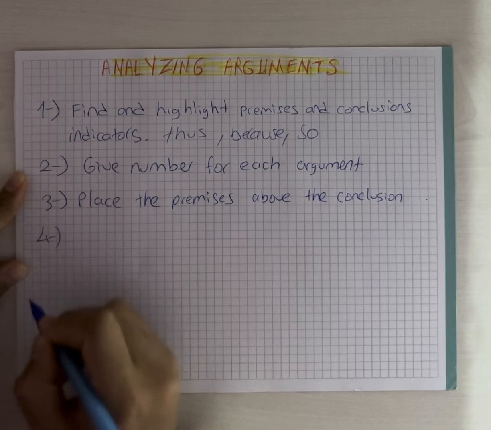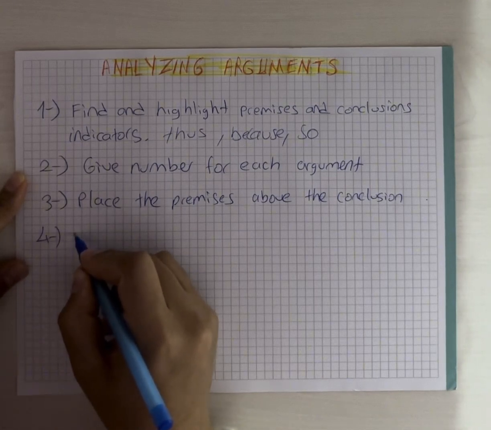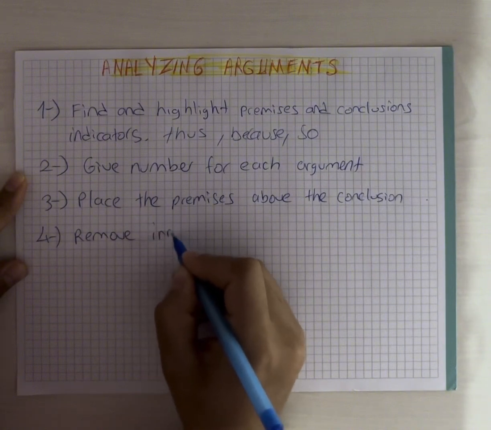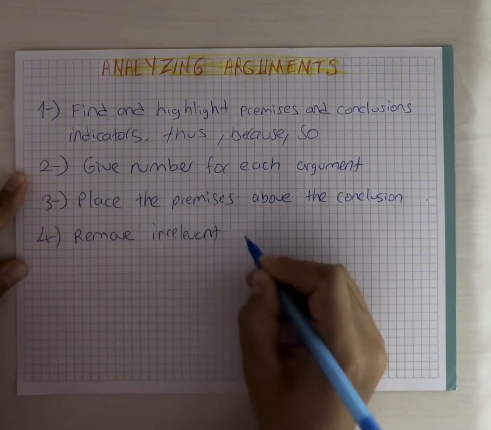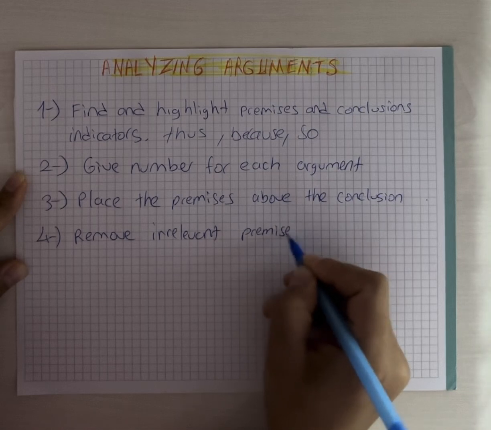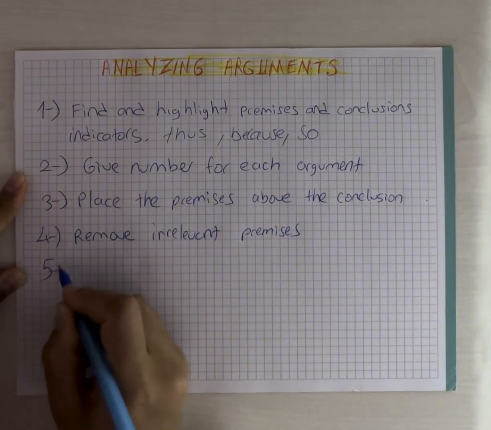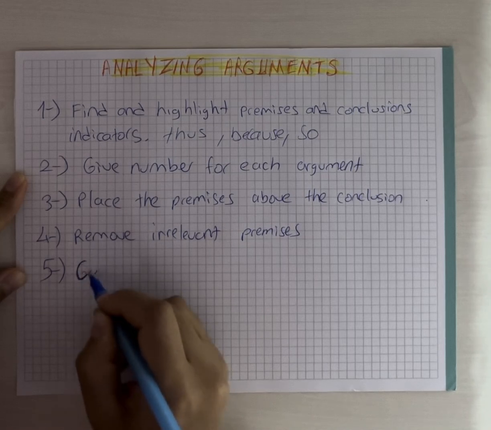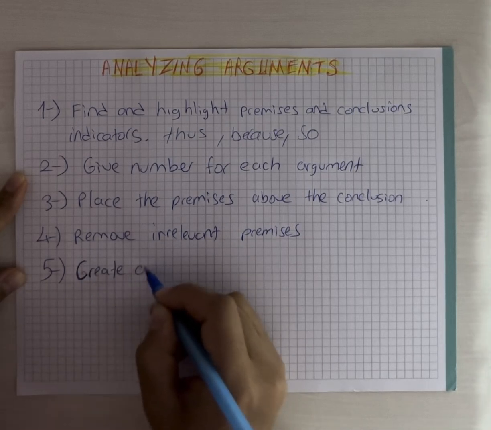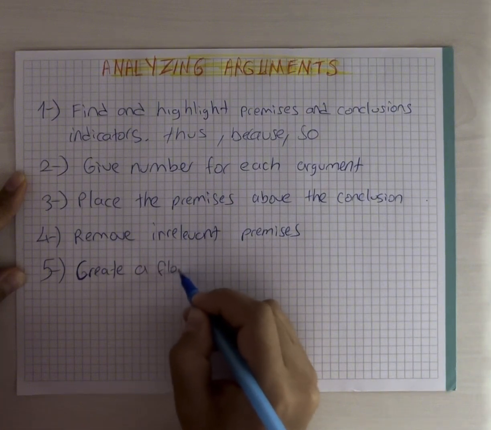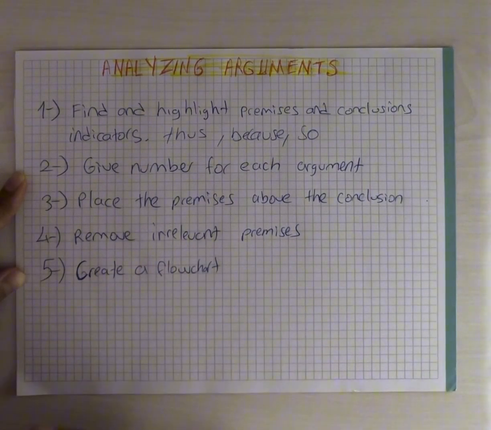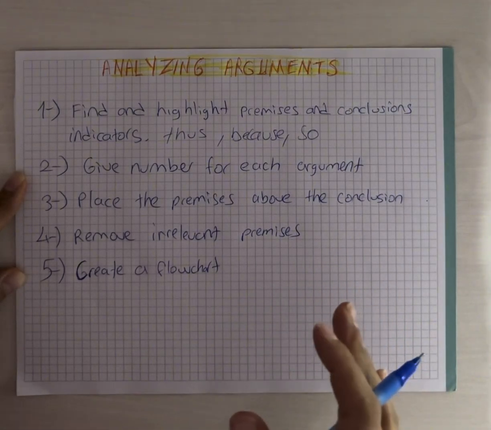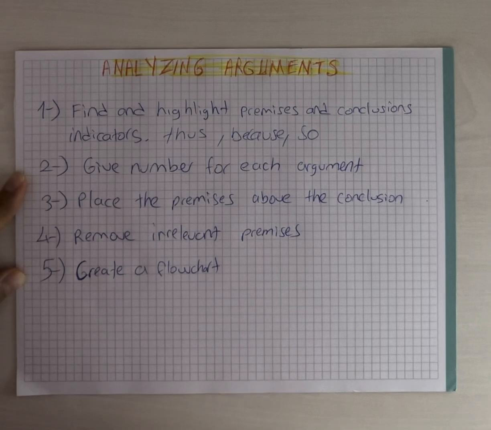And fourth, remove irrelevant premises. And last one, create a flowchart using arrows to indicate the relationships of argumentative support.